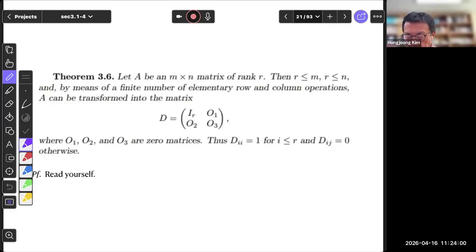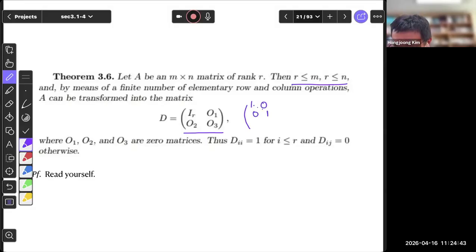Now suppose that A is an m by n matrix, and suppose that I know that there are only r independent columns, so that the rank is r. Then, as I said, this r cannot be greater than the number of rows or columns. And if I perform some elementary row operations or column operations, then this matrix can be transformed to this shape, where I sub r is a matrix with ones along the main diagonal and zeros everywhere else.